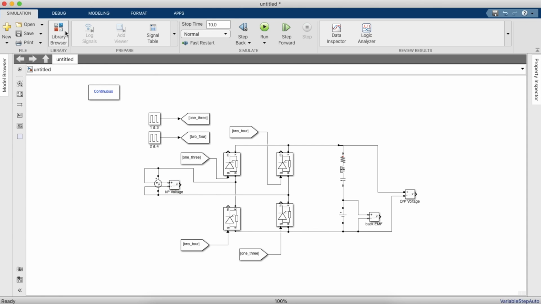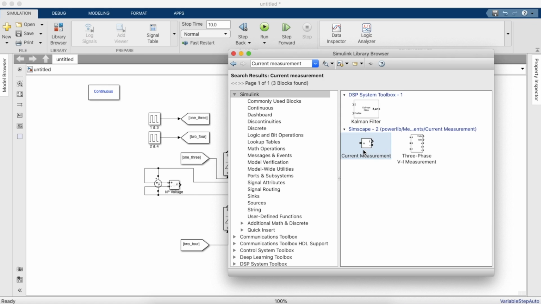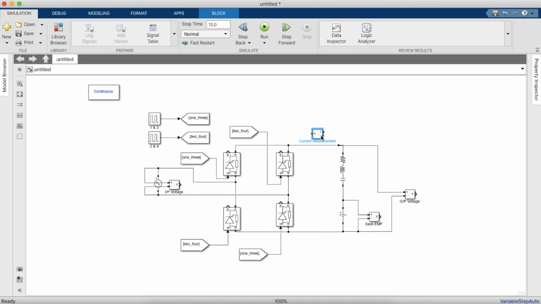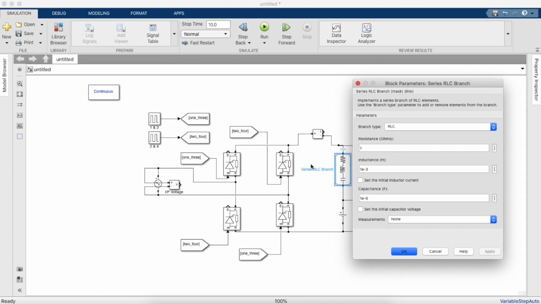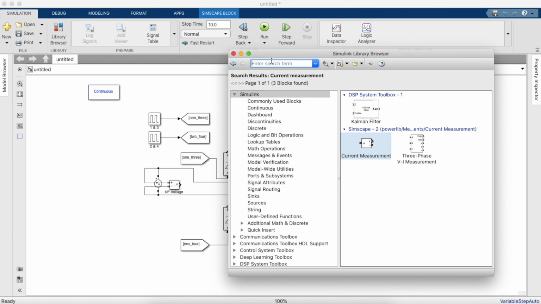We'll also need a current measurement block to measure the current in the circuit. Make it into an RL block, and the values of resistance and inductance we'll just leave as they are.